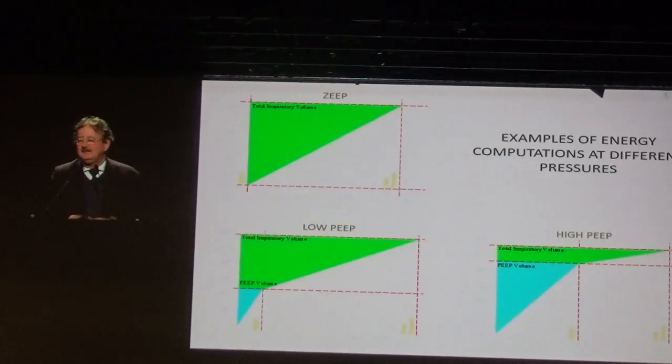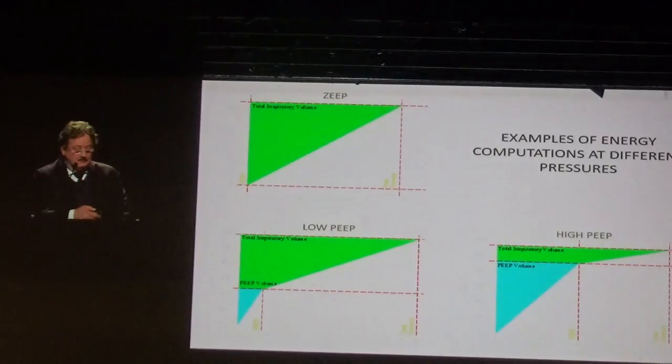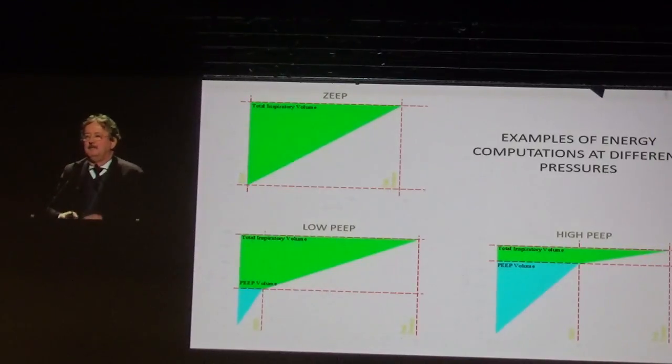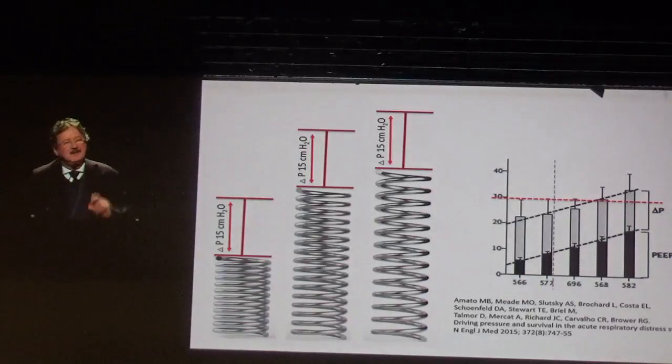This has to do with how the power or the energy applied to the lung is distributed. Let's say you have a certain level, and then during inspiration you put the volume in; this describes the total inspiratory volume, and this is the energy which is supplied. When you increase PEEP, a larger part of this energy dissipated in the lungs becomes the part contributed by the positive end-expiratory level.